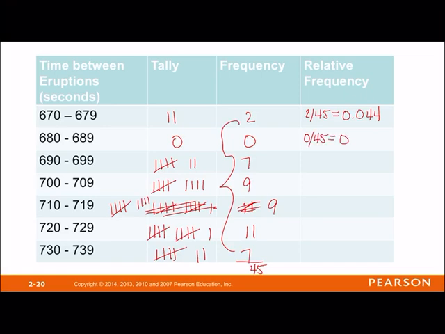That's an obvious one. 7 divided by 45, 0.1556. I'll stop writing the divide part. I'm just going to write your answers. 0.2, 0.2, 0.2444, 0.1556. So there is a frequency table for grouped data or continuous data.